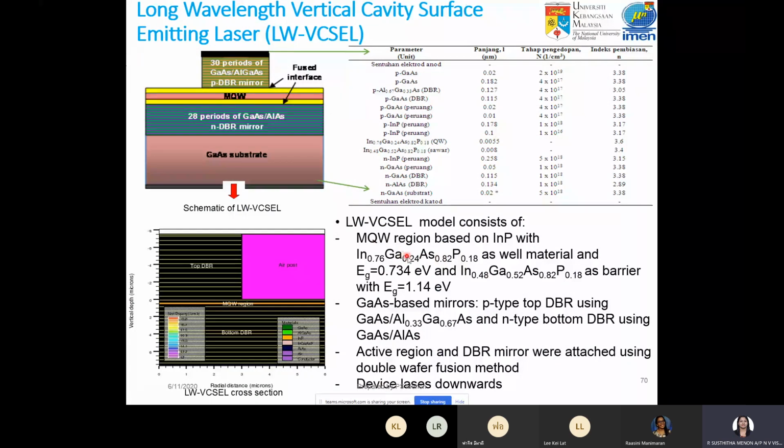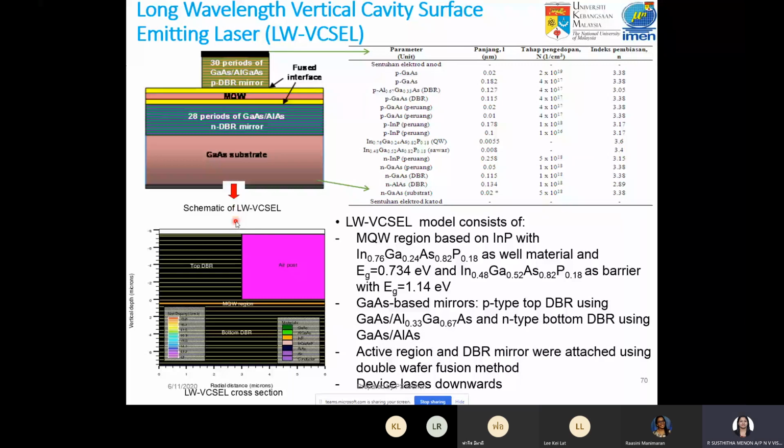For the mirrors, there is a top DBR, or distributed Bragg reflector mirror, p-type and also n-type. This is to oscillate the light. The top p-type mirror is made from gallium arsenide and aluminum gallium arsenide, and the bottom mirror is made from gallium arsenide and aluminum arsenide. Light is oscillated here and emitted at the bottom.